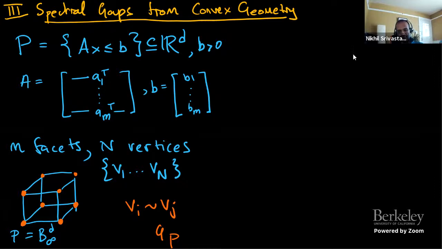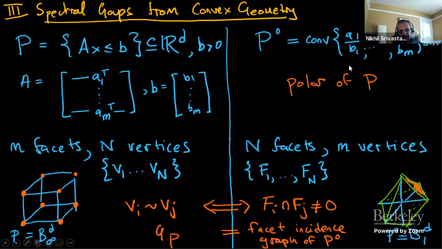So in order to apply theorem S, we're actually not going to work with P. It's going to be important to work with the polar of P. Recall that if you have a polytope P, a bounded polytope in RD containing the origin, its polar is another polytope in RD, which is just the convex hull of the constraint vectors A1 through AM, appropriately normalized by the Bi's, which are positive.